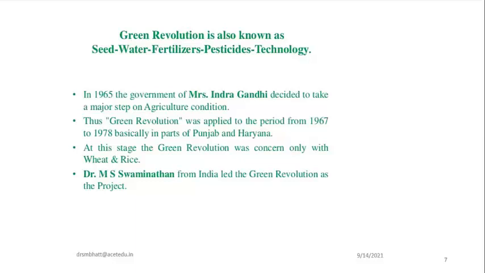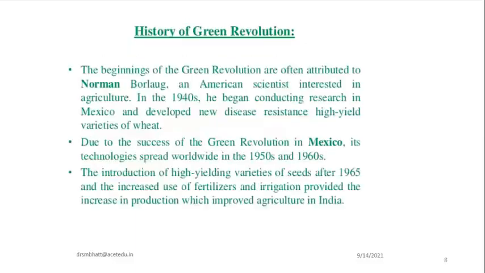Mr. Swaminathan was the lead scientist of this project. Basically this was started in Punjab and Haryana. That's why in Punjab you can see people very rarely use organic fertilizers. They are heavily using chemical fertilizer.